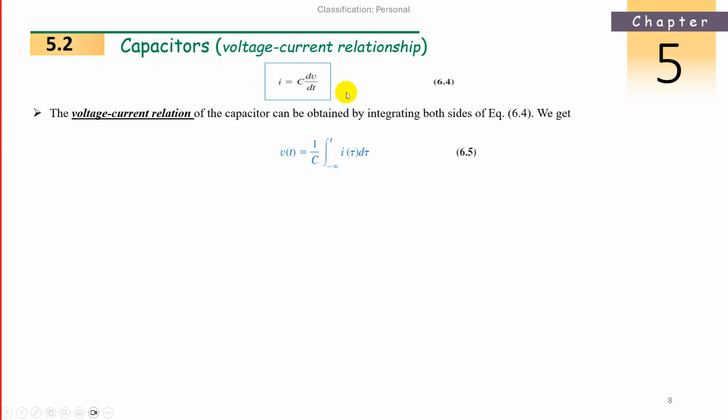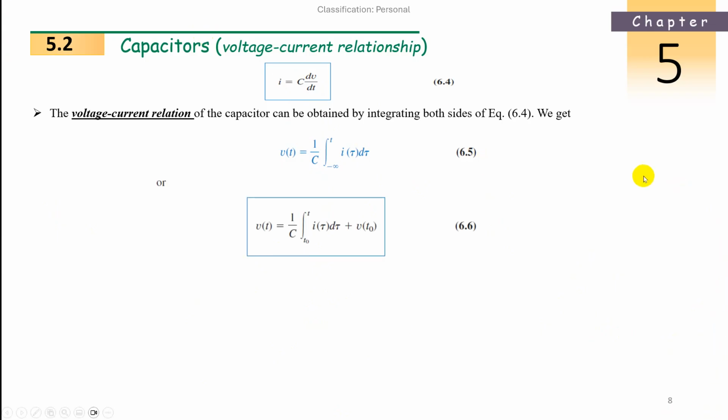Now take the C to the left hand side: 1/C times the integral of I of tau d tau from minus infinity to some time t in the future.